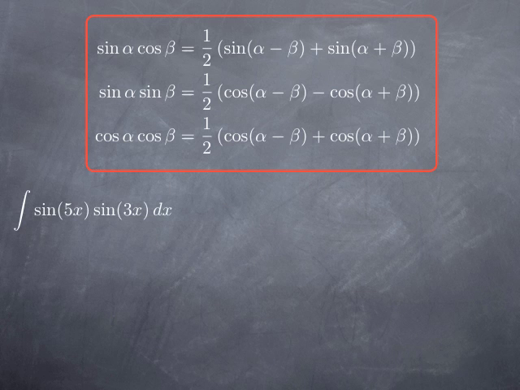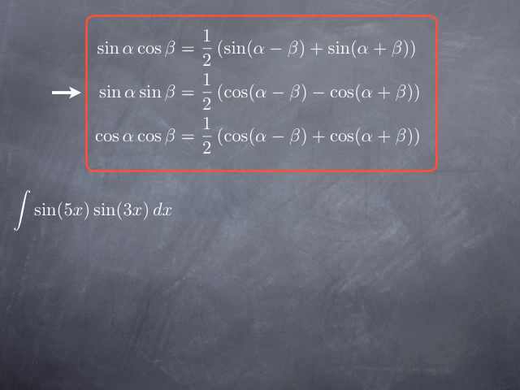To take a second example, let's consider the integral of sine of 5x multiplied by sine of 3x. So that corresponds to this formula giving a product of two sines as a difference of cosines. Namely, it is 1/2 of cosine of alpha minus beta minus cosine of alpha plus beta.